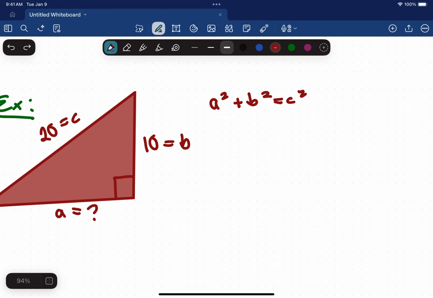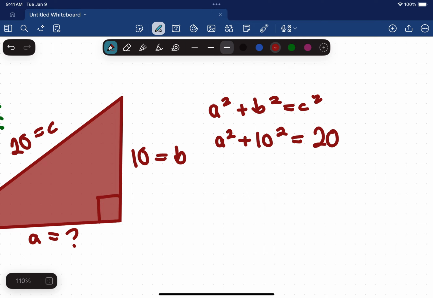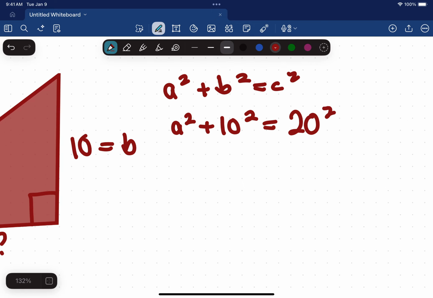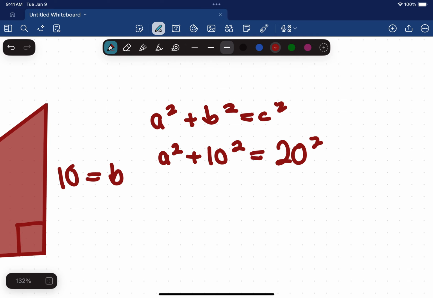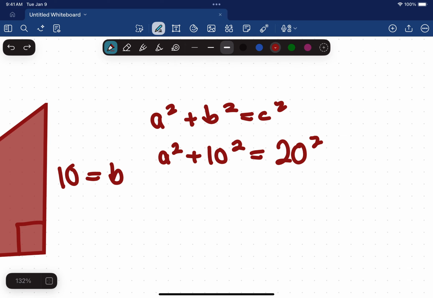The only unknown that we have is A squared. So let's rewrite that. A squared plus 10 squared equals 20 squared. Now we square these two. So we get A squared plus 10 squared is 100. 20 squared is 400.